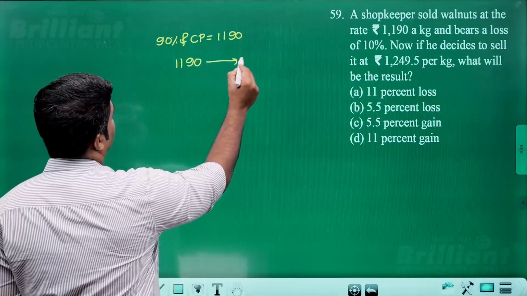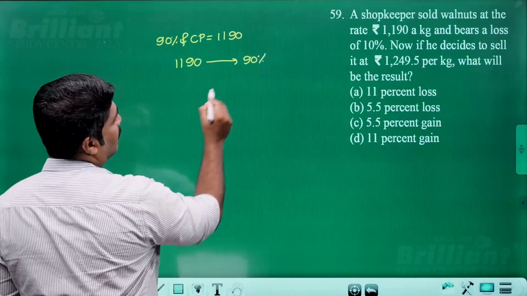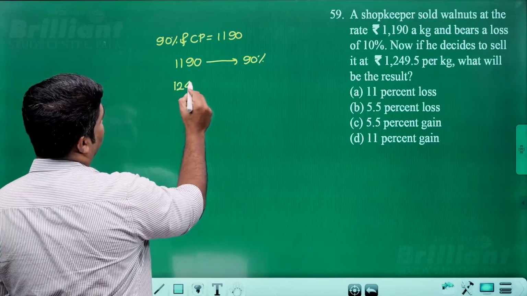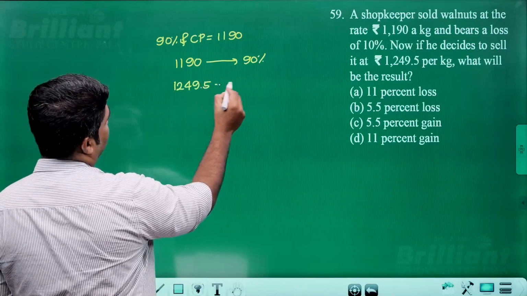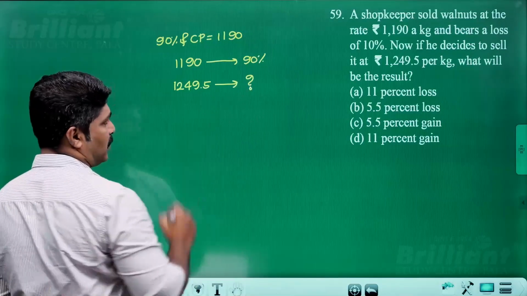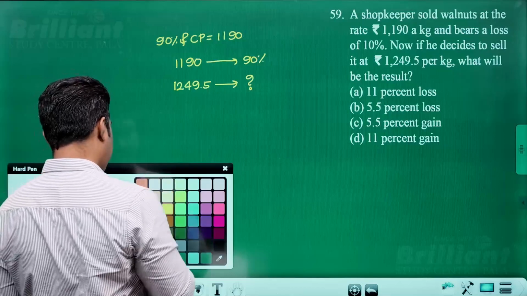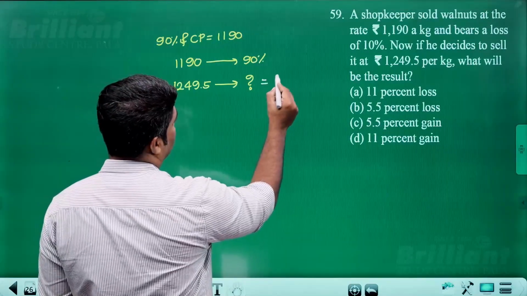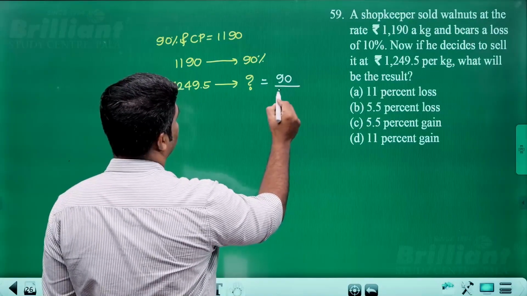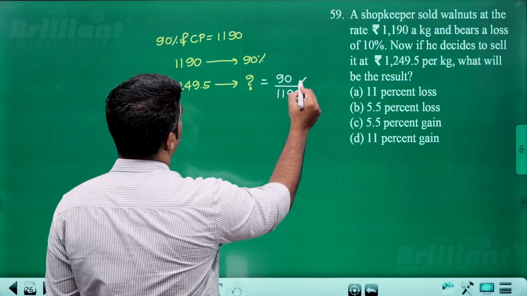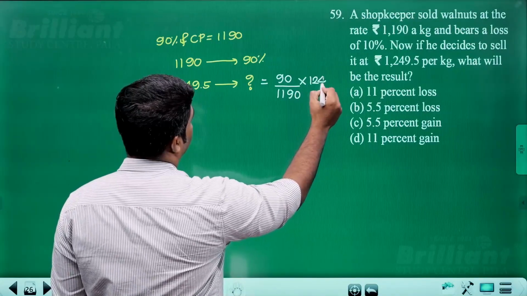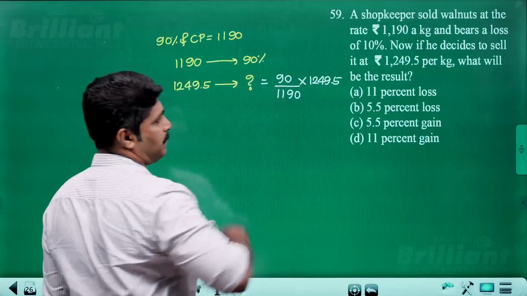1190, that is 90%. Then 1249.5 is what percentage? From that step, we can catch the answer. How will this step of operation become? This is simply 90 by 1190 into 1249.5.